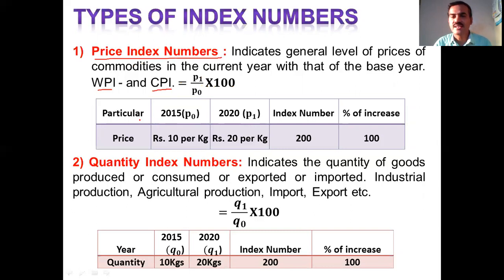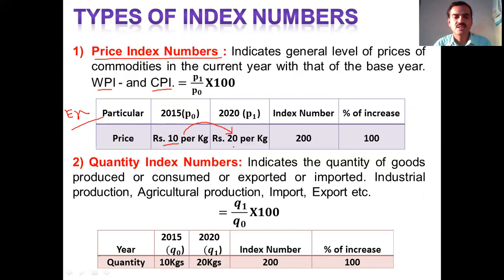So here we calculate the price index number as P1 divided by P0 into 100. Let us take an example, which I have specified in the table. A particular commodity in the year 2015 has a price of 10 rupees. In the year 2020, it has increased from 10 rupees to 20 rupees. Then the price is double.